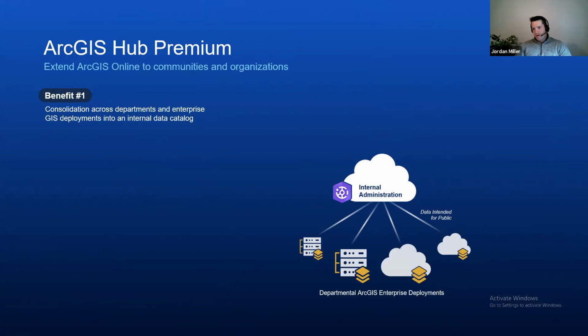Now, I know that was a mouthful, but what I mean by this is being able to use your organizational account. And again, I'm talking about Hub Premium here. So you're using your organizational account to effectively manage all your items, right? Your data, your apps, your maps, any hosted media you might have.